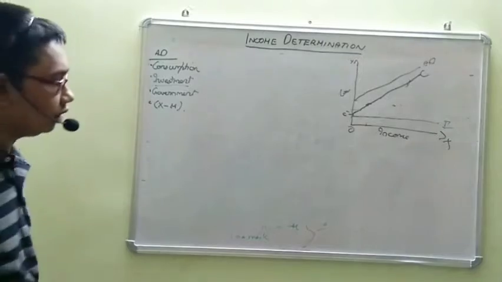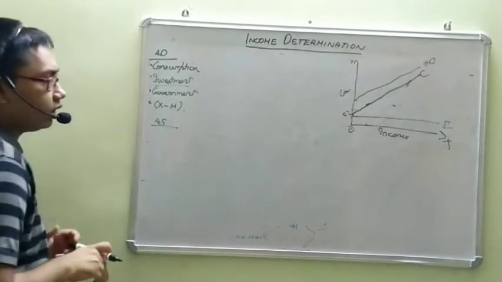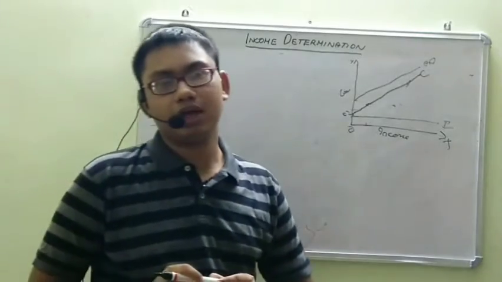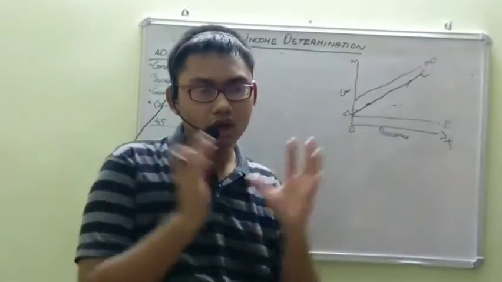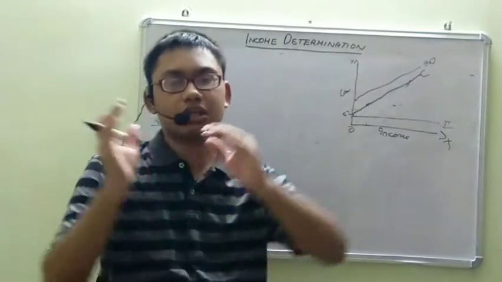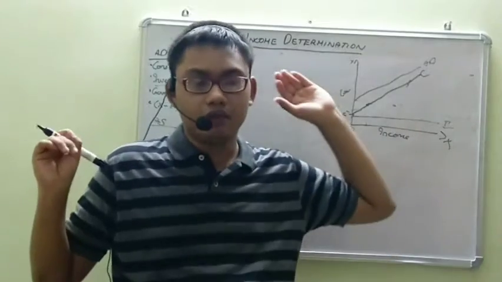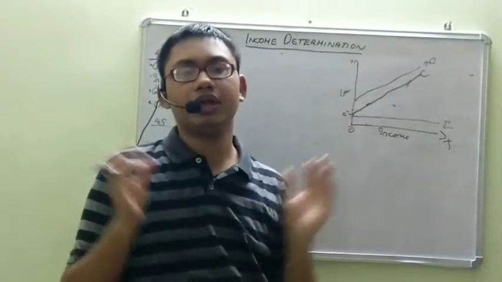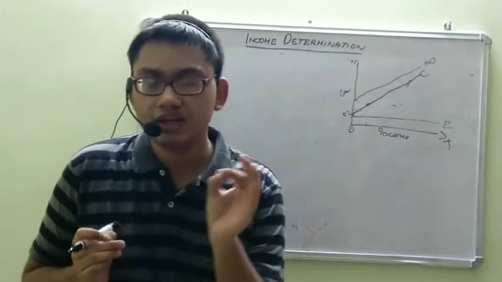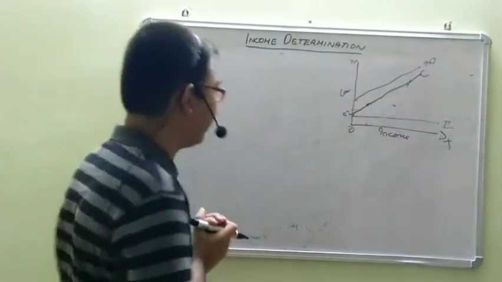Now, there is one more thing called aggregate supply. What is aggregate supply? The total amount of goods and services which are supplied in the economy during a given period of time. This is related to the production method which we studied in national income measurement.